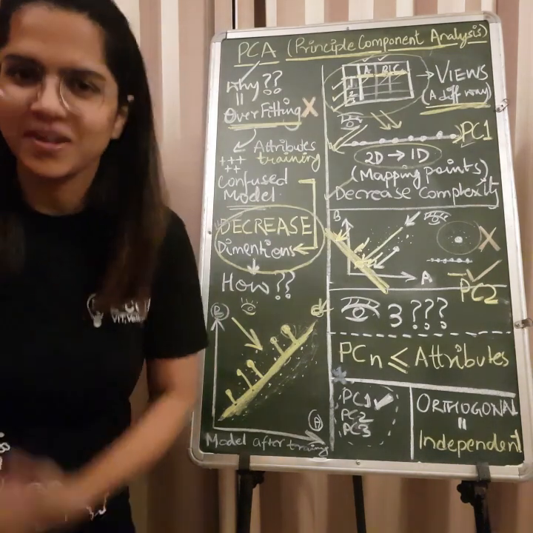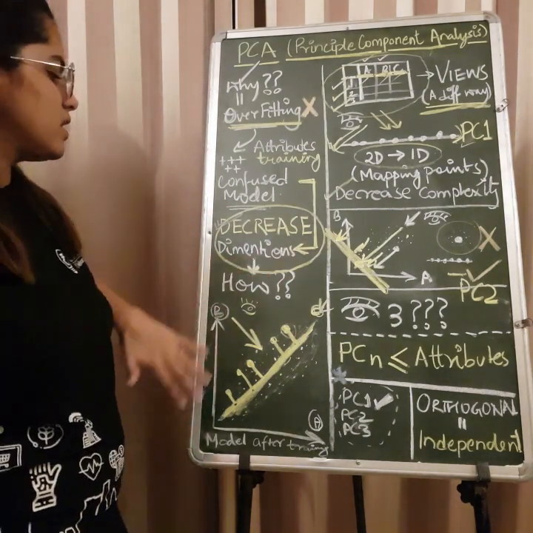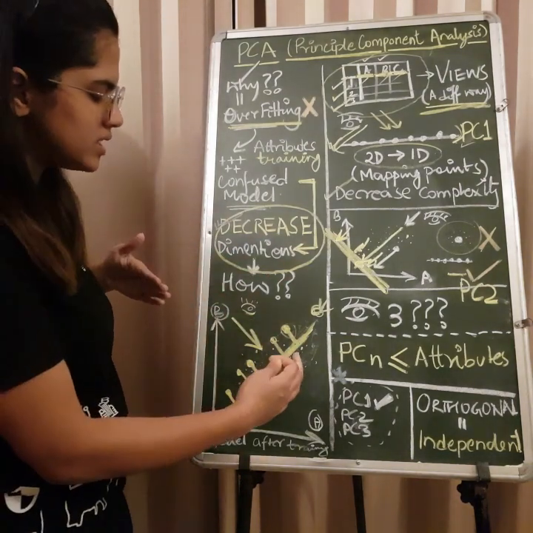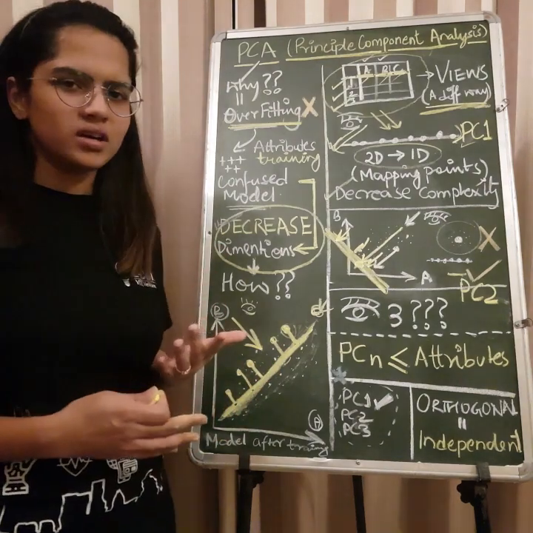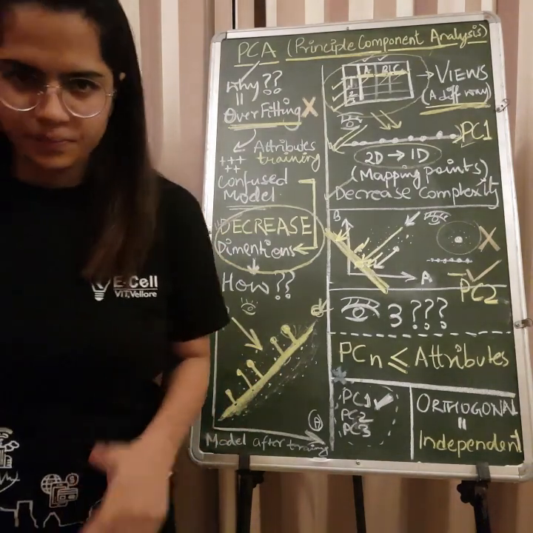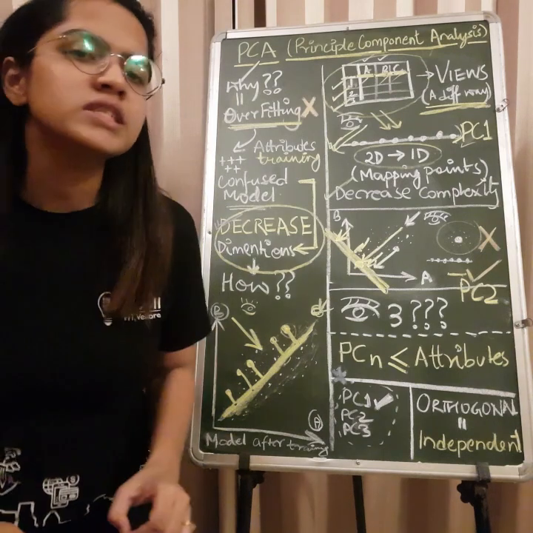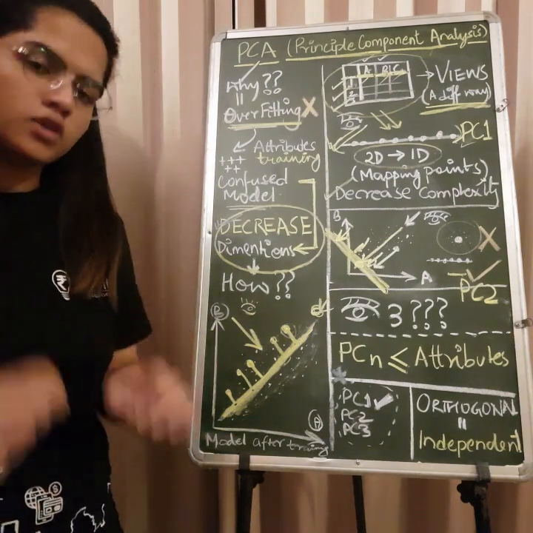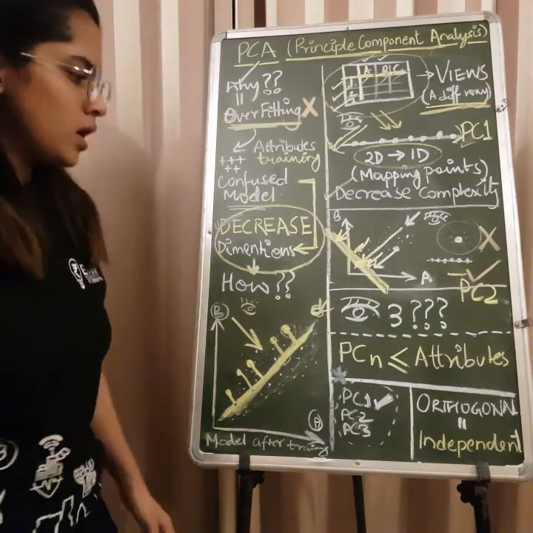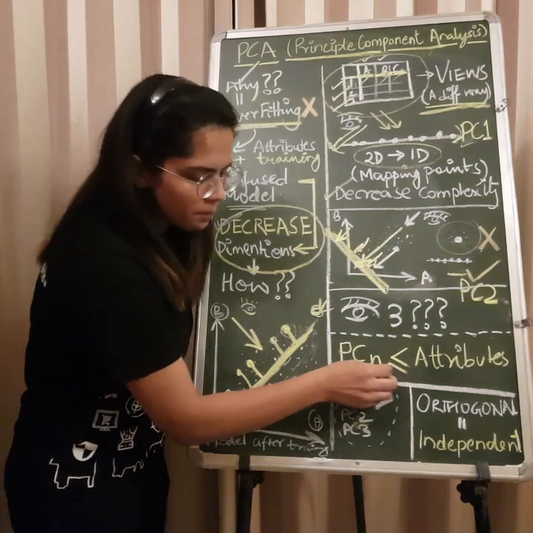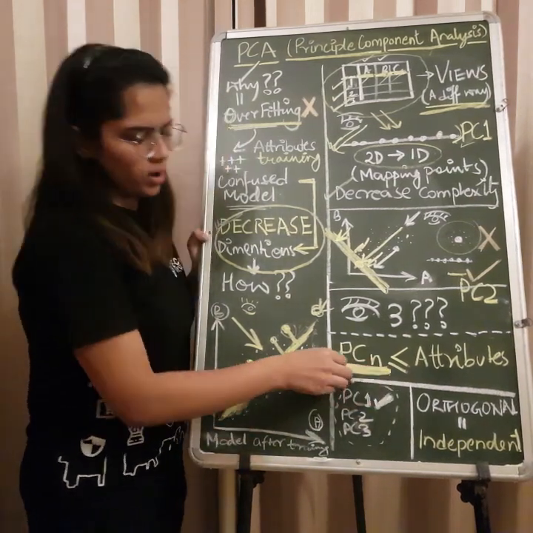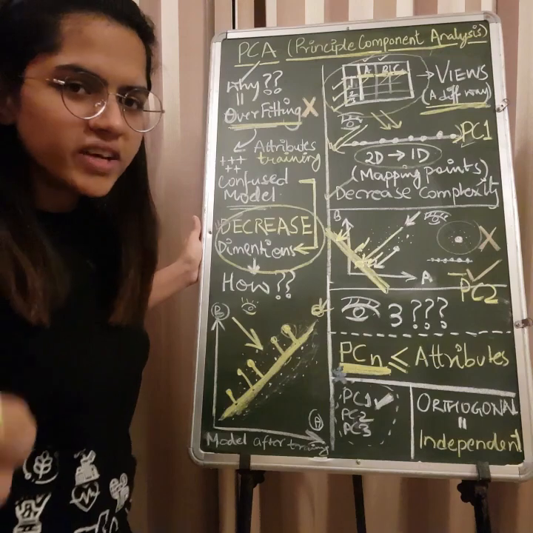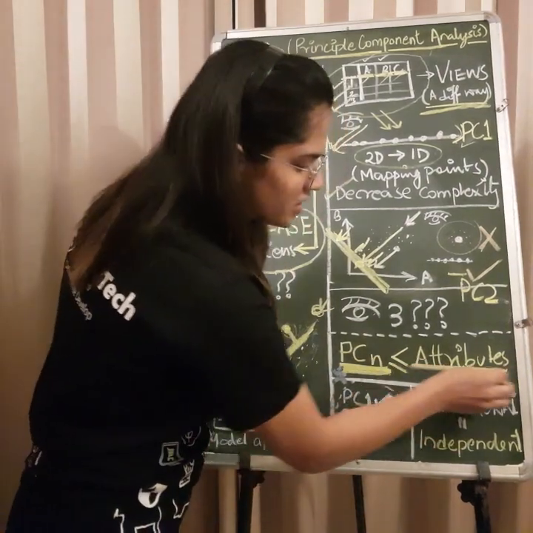Now I ask you a trick question. Do you think there's another way you can view this so that you get a line over here? I'm afraid not. This is one of the most important points of principal component analysis. The number of principal components in a model will always be less than or equal to the number of attributes taken.